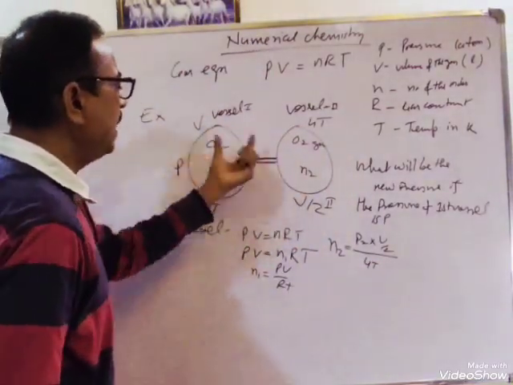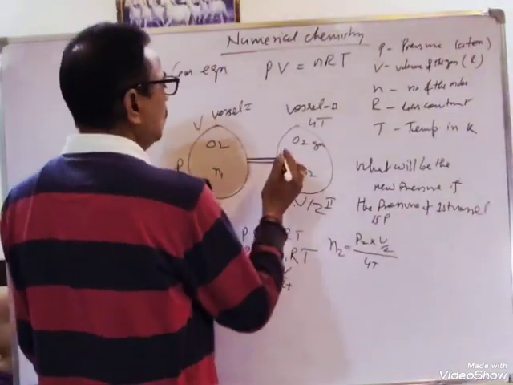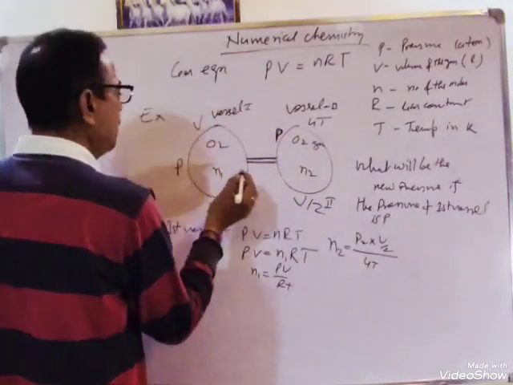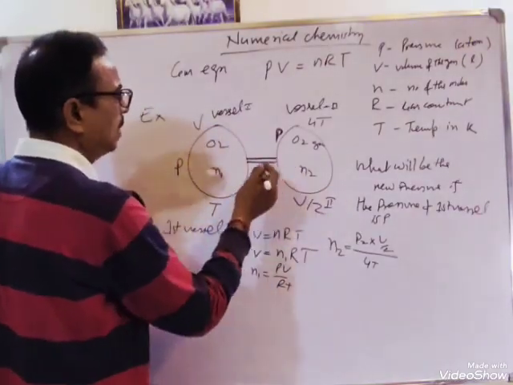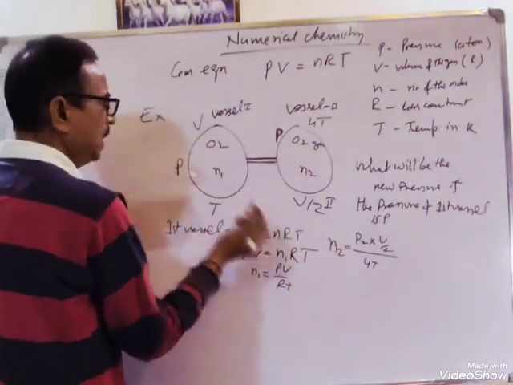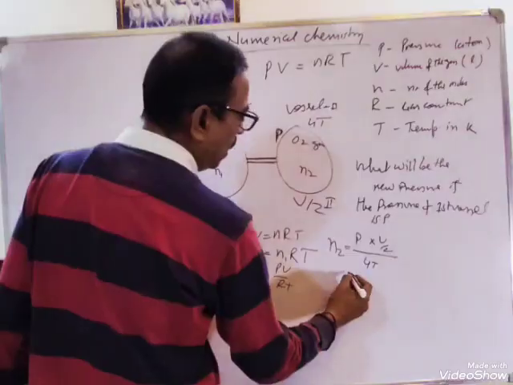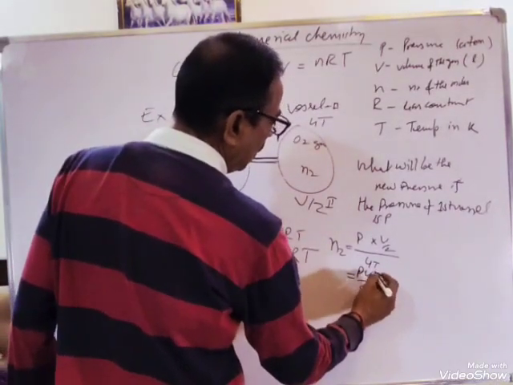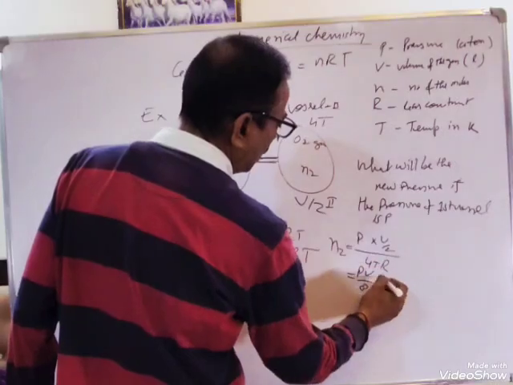At the same pressure P, only the volume is changed. So here you can see PV by 8RT.